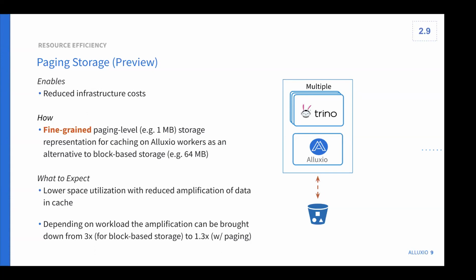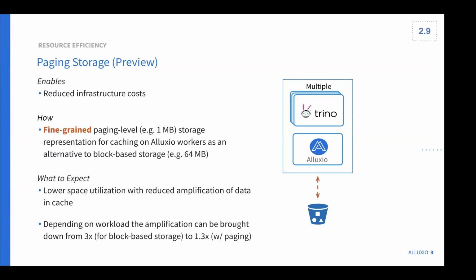So the smallest unit that would be cached before the 2.9 release, and without using this feature called paging storage, would typically be in the 32 megabytes to 64 megabytes range. So that would be the smallest chunk of data. So even if you end up reading only, let's say, 4 megabytes, you would still end up caching 32 megabytes.